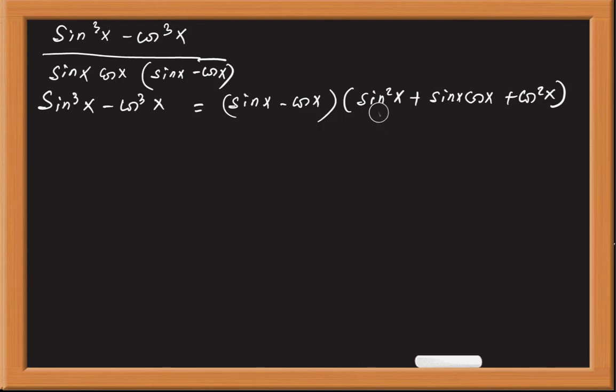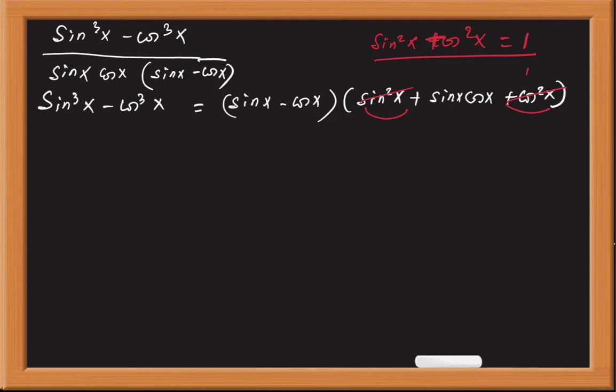But here we have an identity: sine squared x plus cosine squared x is a trigonometric identity equal to 1. So we get 1 here.